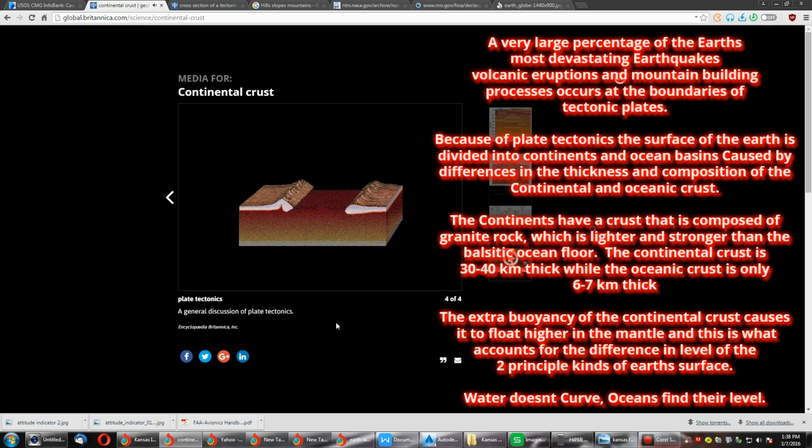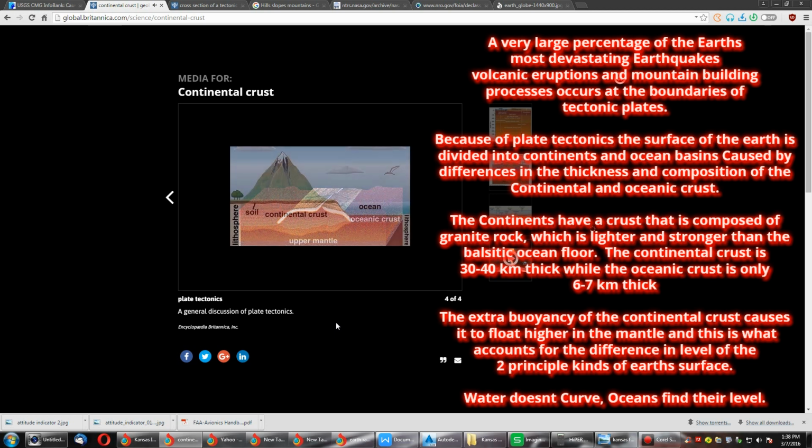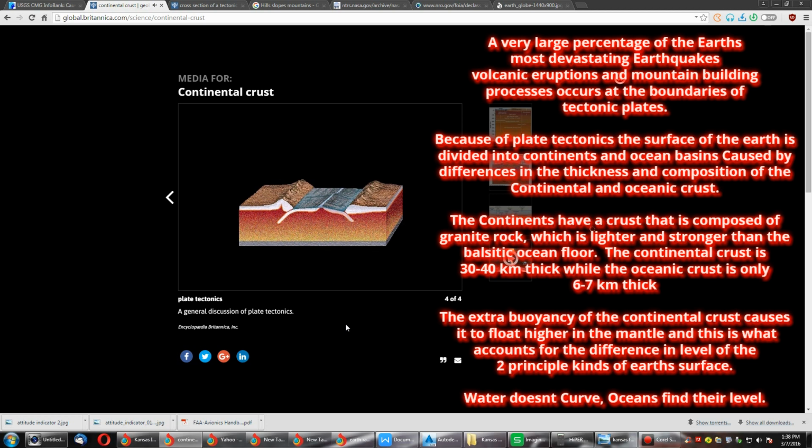The continents have a crust that is composed of granite rock, which is lighter and stronger than the basaltic ocean floor. The continental crust is 30 to 40 kilometers thick, while the oceanic crust is only 6 to 7 kilometers thick. The extra buoyancy of the continental crust causes it to float higher in the mantle, and this is what accounts for the difference in level of the two principal kinds of Earth's surface.